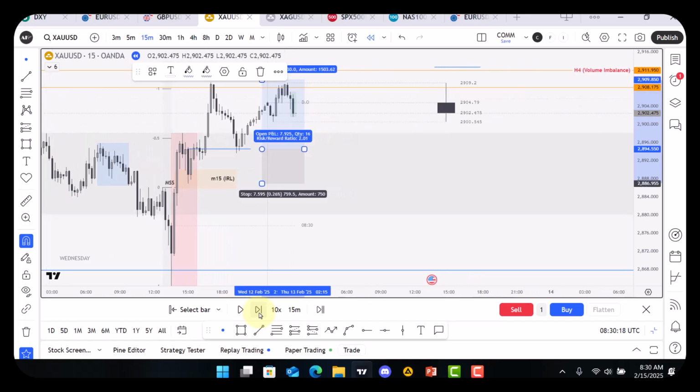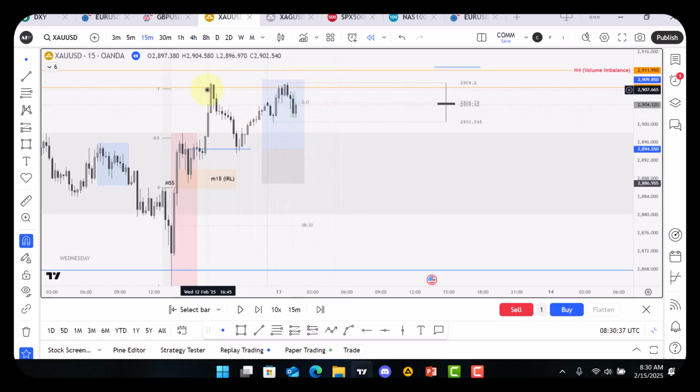Now, with this setup, what actually happened was that I took partials and moved my stop loss to break even. So I didn't get the entire move as I expected, because when price started dropping lower, it came back to my stop loss, since I had already moved it to break even.